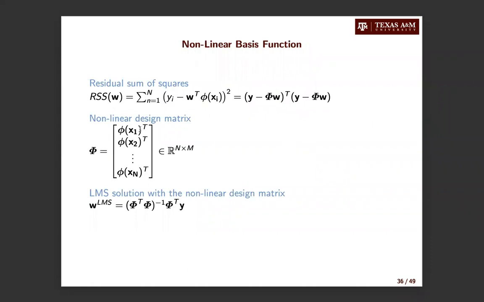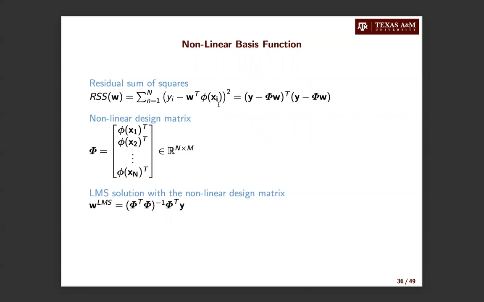So instead of having a linear matrix that just contains our input features x for all our samples, like we had for the linear regression problem, now we have a nonlinear feature matrix, and each row of this matrix corresponds to the nonlinear transformation of the original feature space.